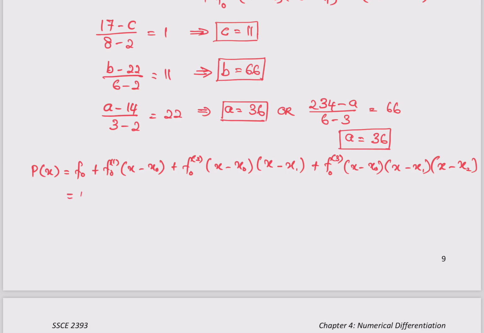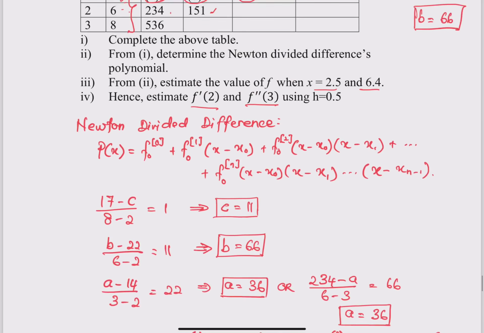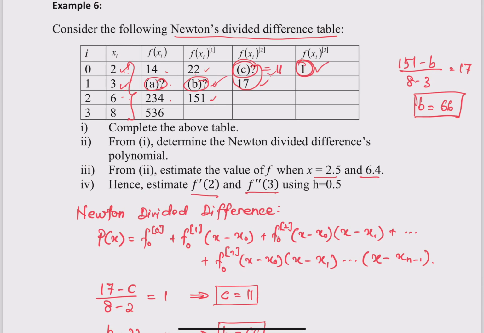F naught is equal to 14 plus f naught 1 is equal to 66 x minus 2, and then plus f naught 2, if you calculate you will get 11 x minus 2 x minus 3, and f naught 3 is 1 here.